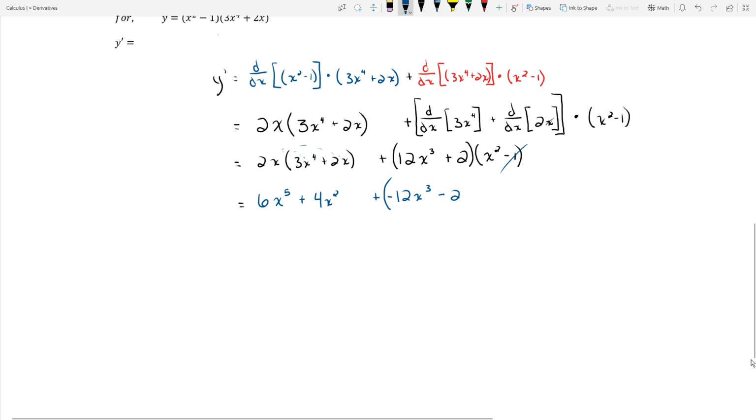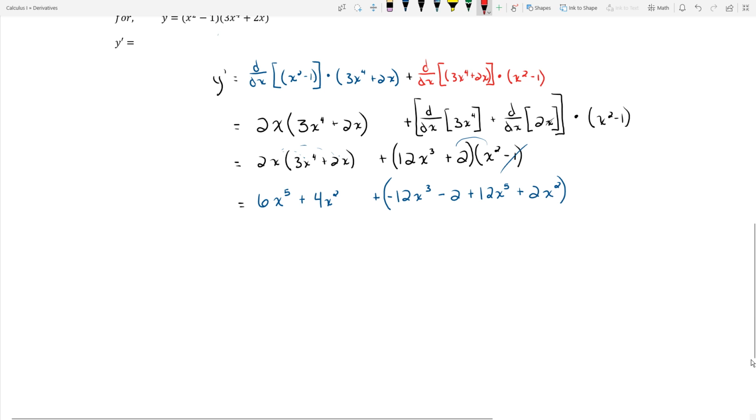And then x squared multiplied by 12x to the third, well, that's going to give me a positive 12x to the fifth, and then plus x squared times 2 will leave me with 2x squared.